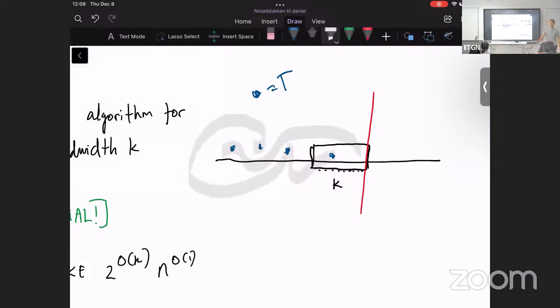Now notice that the shaded area are presumably the vertices that I selected into my partial Steiner tree. A Steiner tree, of course, should be connected, but the intersection of the Steiner tree with this prefix doesn't have to be connected yet.